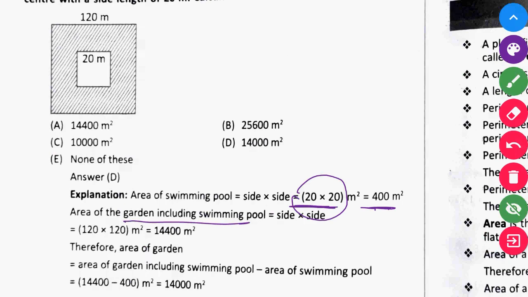The area of the bigger square ABCD is 120 multiplied by 120, that is 14400 meter square. So the garden's area is 14400 minus 400, that is 14,000 meter square.